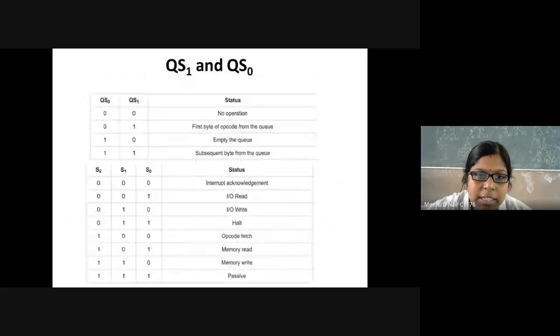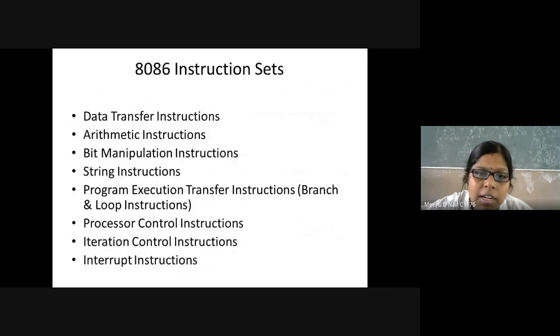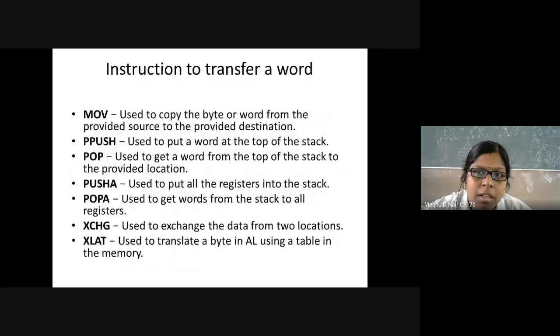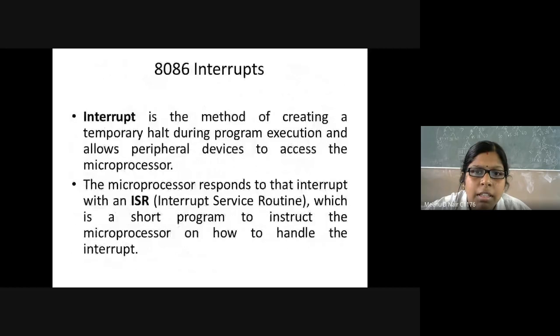We have seen about the different pins, all the 40 pins. Then we have seen about the interrupts, right? An interrupt creates a temporary halt during the program execution. Then what is ISR?